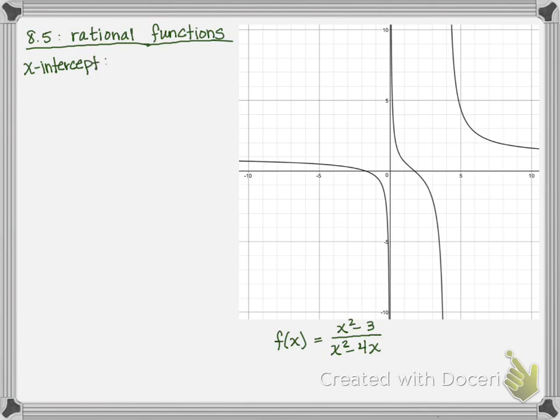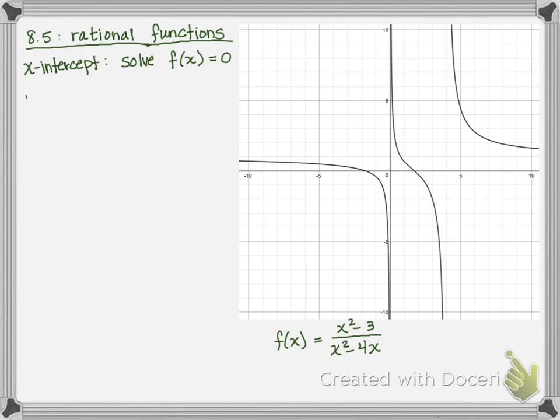Yeah, so our y value is 0 on the x-axis, so we set our output equal to 0 and solve for x. So we're taking our function, setting it equal to 0.